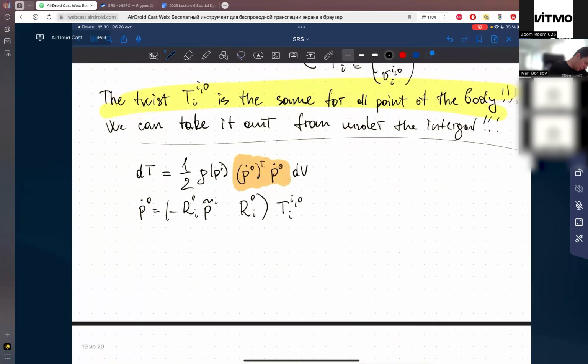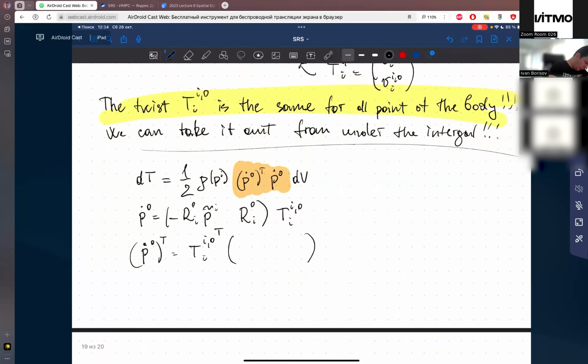And the transpose of this stuff, you can easily compute that. You need to transpose this stuff. When you do transpose, you need to swap position. So it will be T I 0 I transpose.